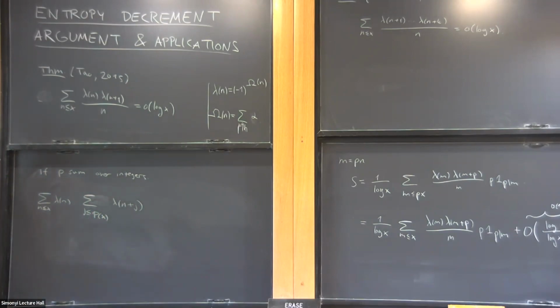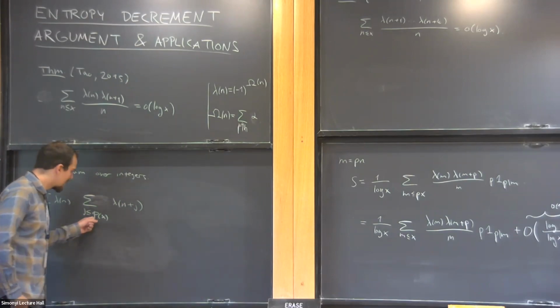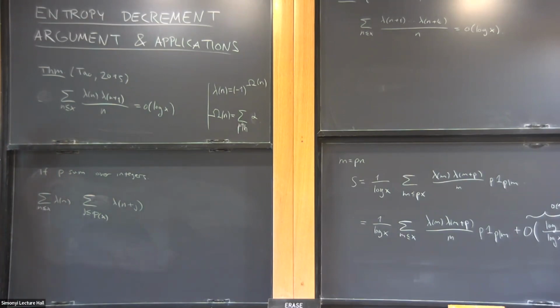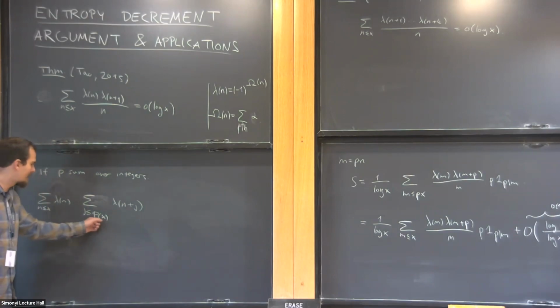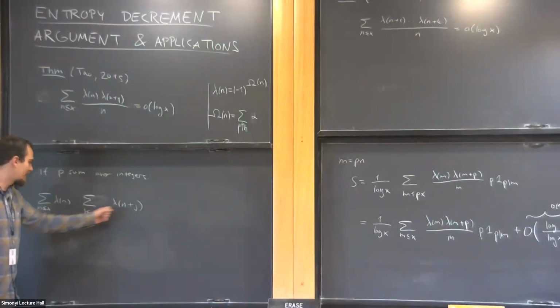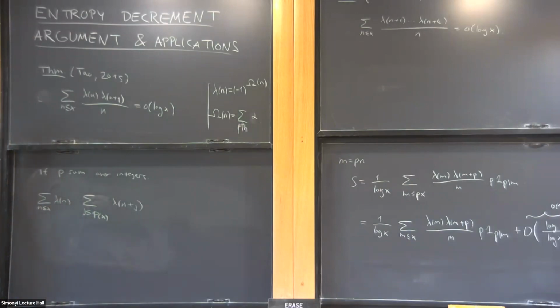Like this. So now the inner sum is a short sum of the Liouville function of length P(x) around some point n with size at most x.